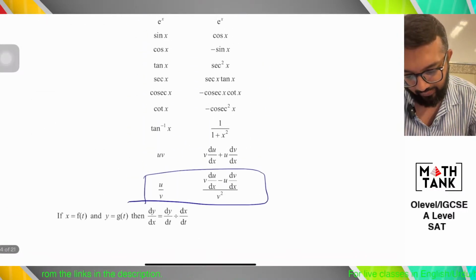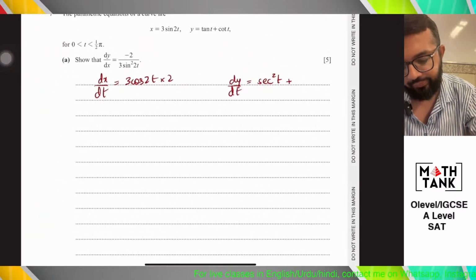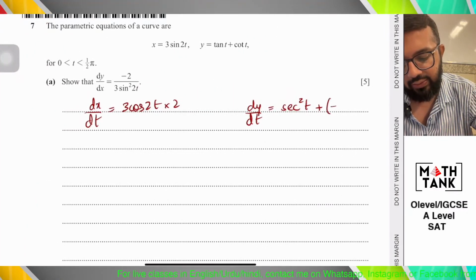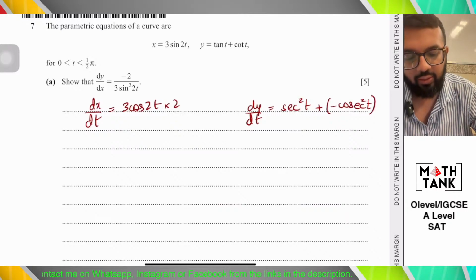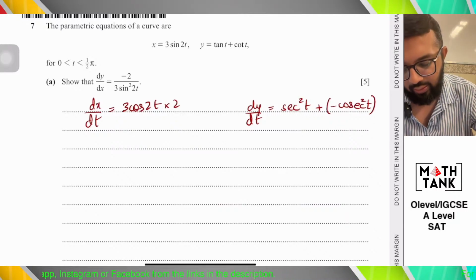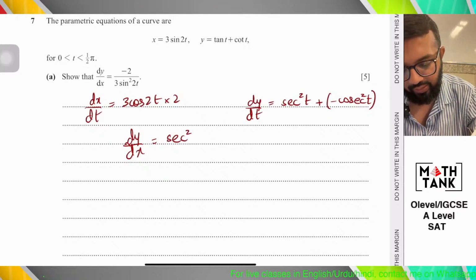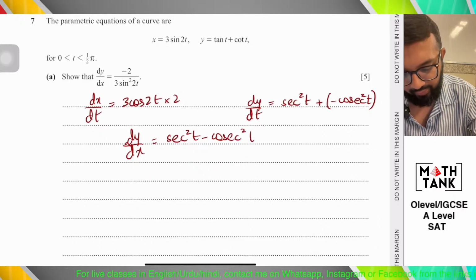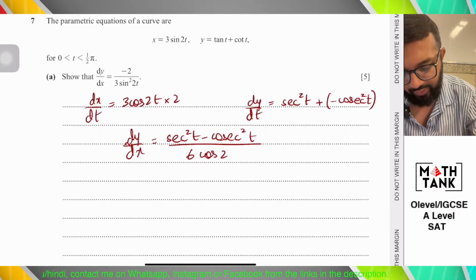Okay, let's see whose differentiation is given. The cot is also given. It's minus cosec square x. Okay, so minus cosec square t. So dy over dx is then dy over dt, which is sec square t minus cosec square t, over 6 cos 2t.